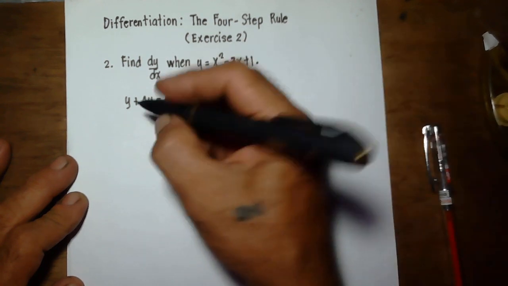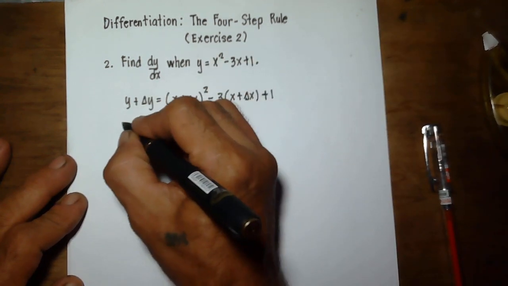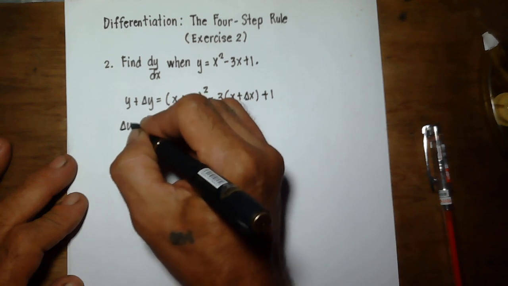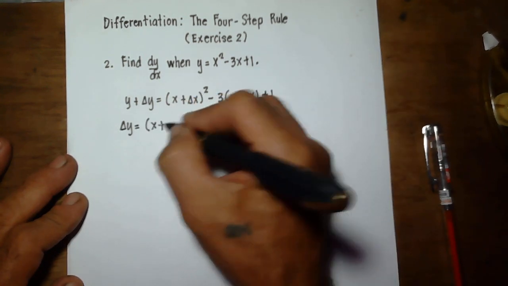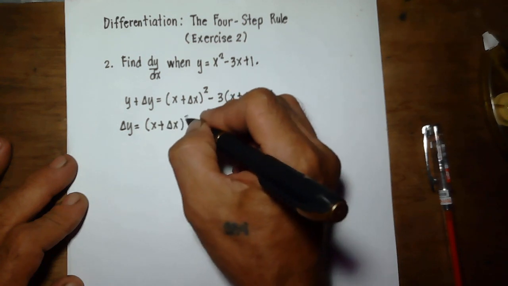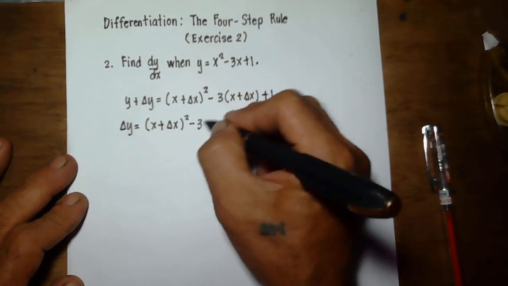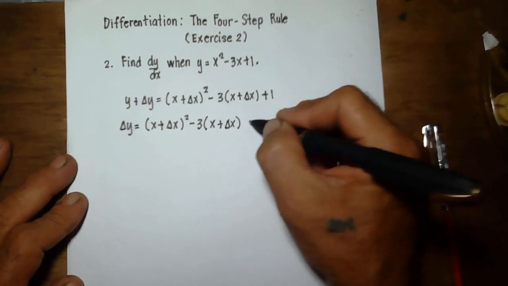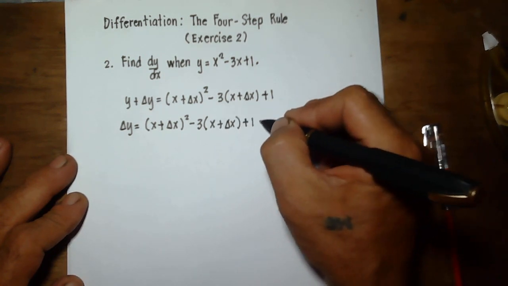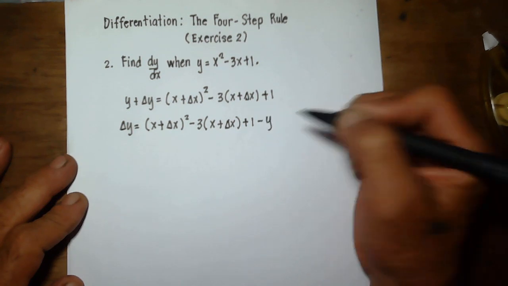Okay? Now, we solve for delta y, which is equal to x plus delta x squared minus 3 times x plus delta x plus 1 minus y.